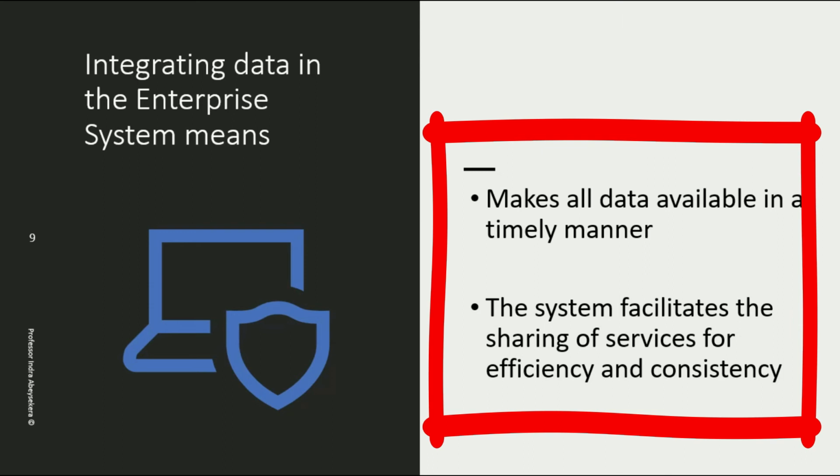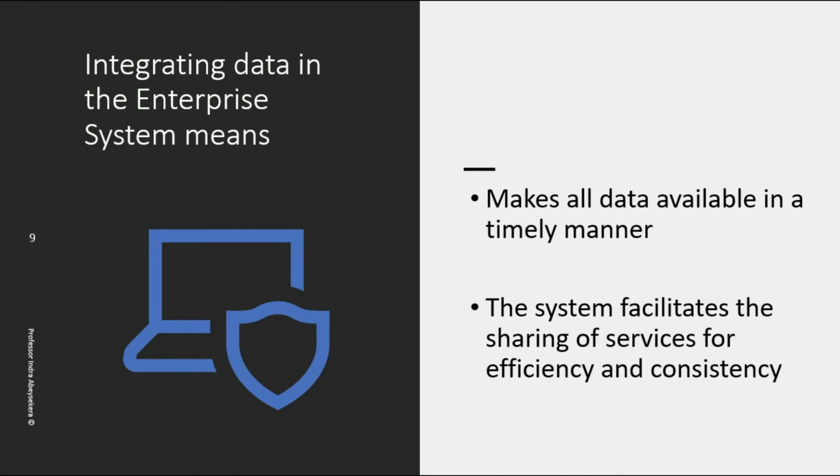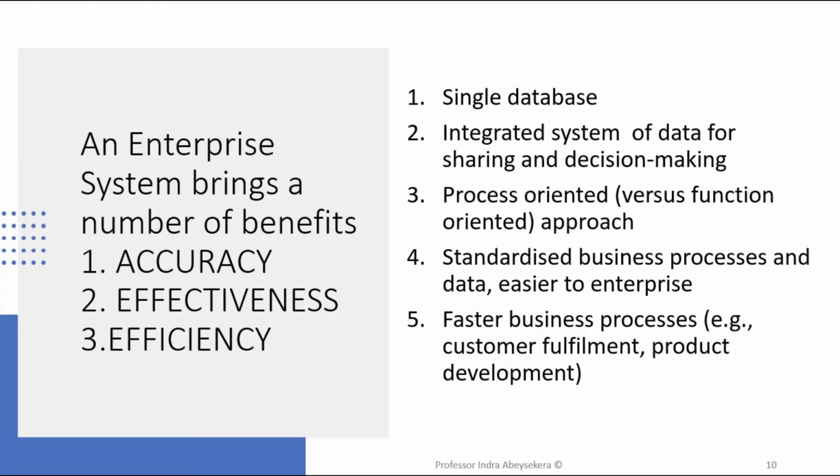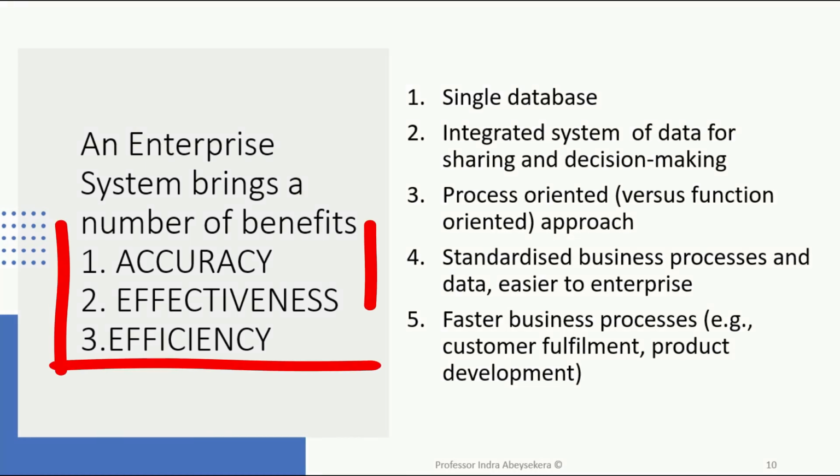The system facilitates sharing of these services for efficiency and consistency. And enterprise systems bring a number of benefits. The three key benefits are that it brings accuracy for data.